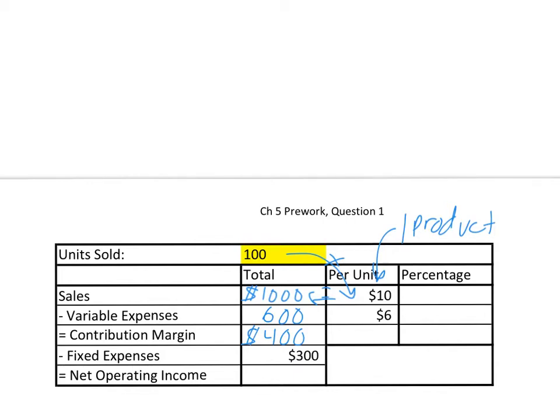But what about on a per unit basis? How much contribution margin do I make per shirt if I sell it for $10 and each shirt costs me $6? So my contribution margin per shirt, this right here is called a unit CM, or contribution margin per unit, is $4. So how did I get the $4?